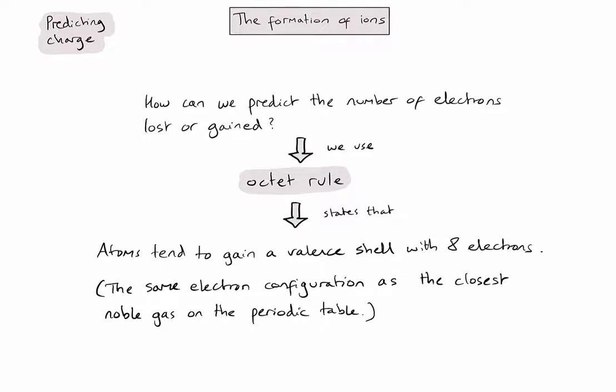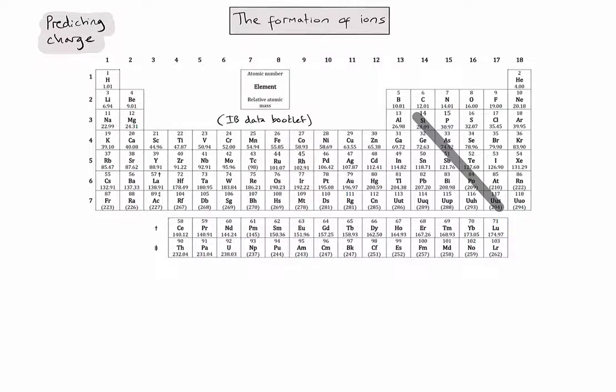So here is the IB periodic table, and let's first identify some metal atoms and consider which ions they might form. Let's start with sodium. And I can find that in the periodic table, it's number 11, meaning that as an atom it has 11 protons and 11 electrons.